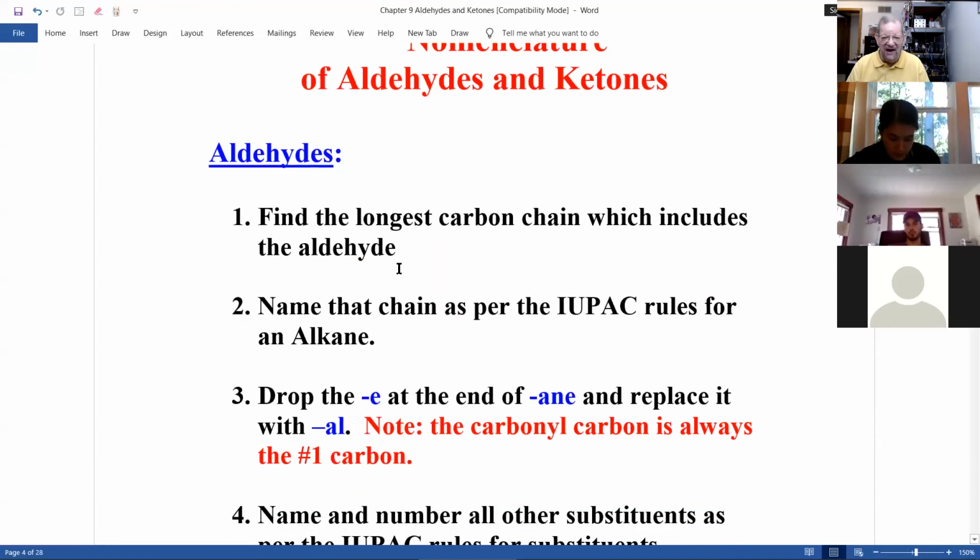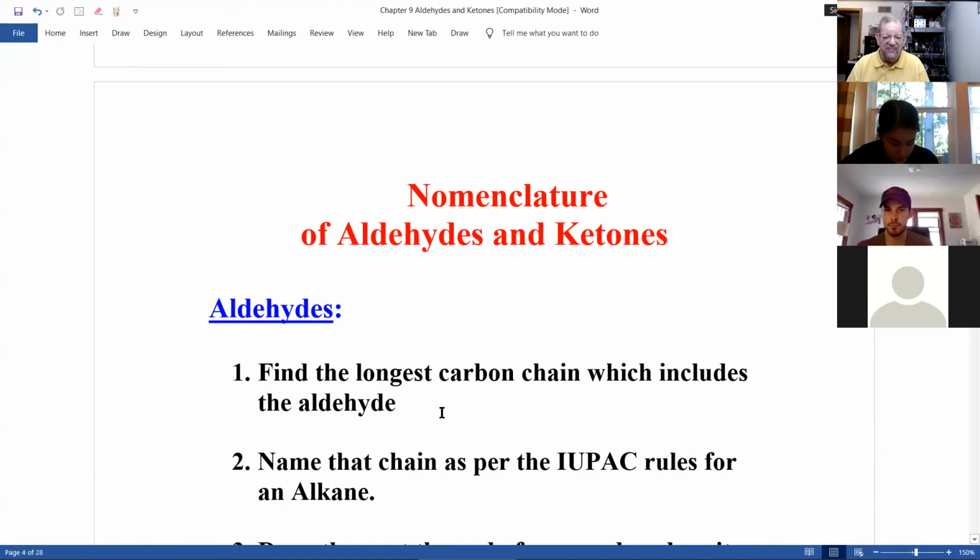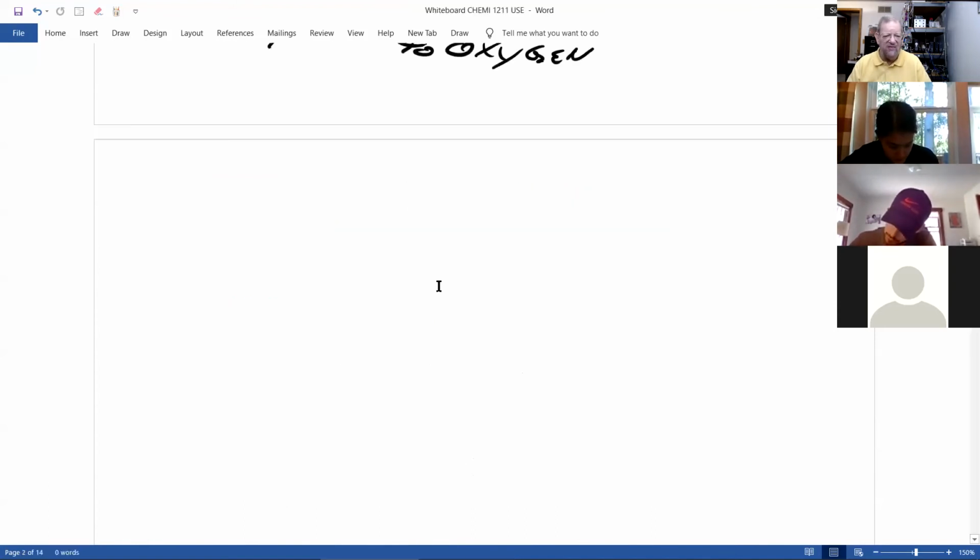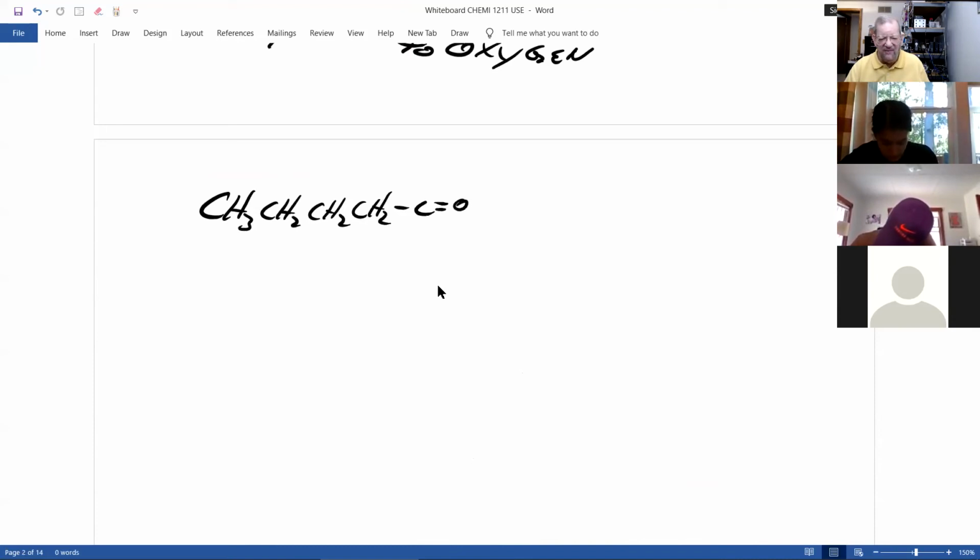Now, how do you name an aldehyde? Well, first of all, let's put an aldehyde on the whiteboard. The way I learned it, I'll always write my carbonyl for an aldehyde or ketone the farthest to the right, not on the left. But if you want to put it on the left, be my guest. All right, now let's look at this molecule.